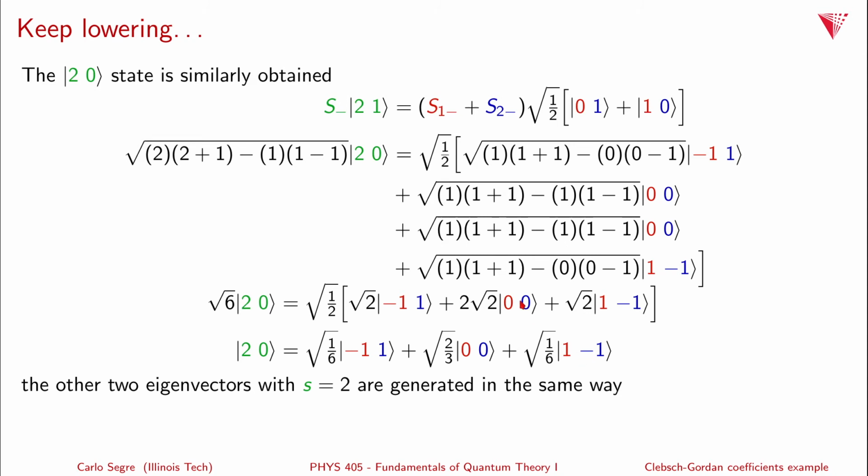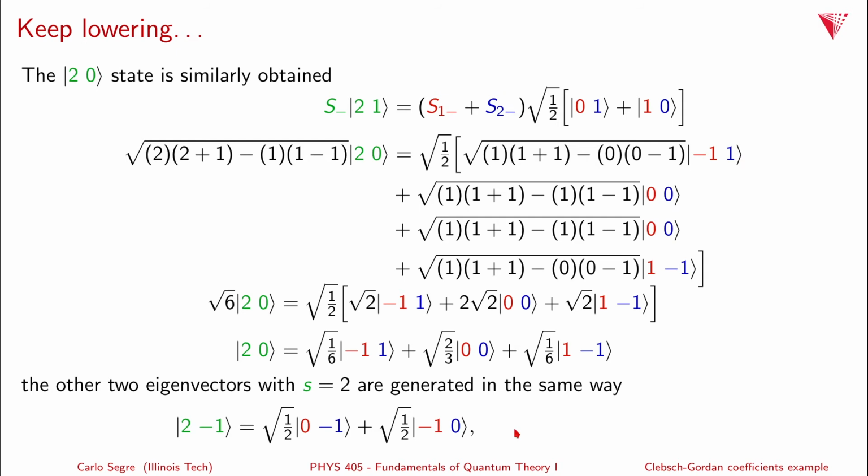So we can generate the other two eigenvectors for s equals 2 in the same way, because now we're at m equals 0, we have to go to m equals minus 1 and m equals minus 2. And they become this. So the state 2, minus 1 is equal to 1 over the square root of 2 times this, m1 is equal to 0, m2 is equal to minus 1, plus 1 over the square root of 2, m1 is equal to minus 1, m2 is equal to 0.